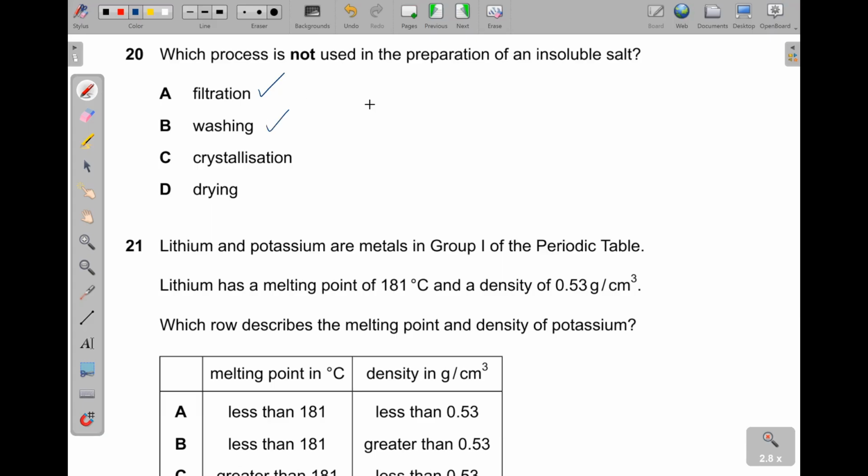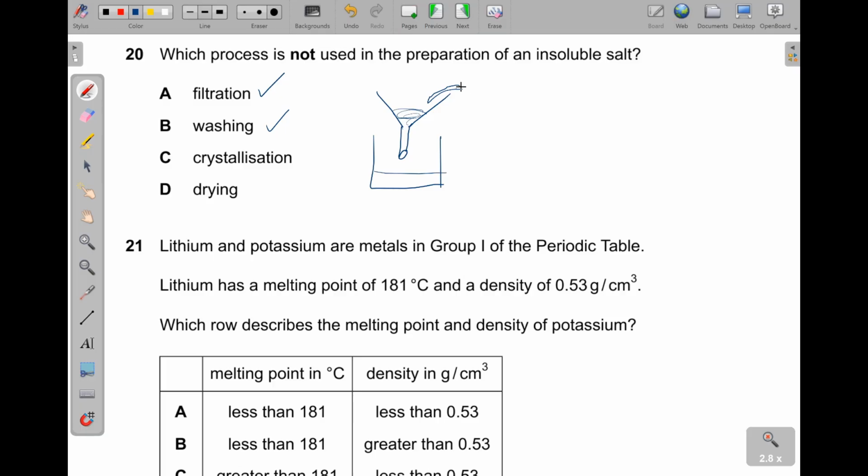Then washing. So washing is also there, because after filtering, if this is our container here, this is the filtrate, you are going to get your wash bottle and then pour water here.